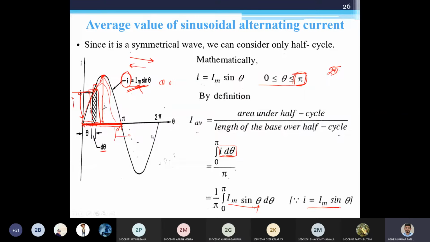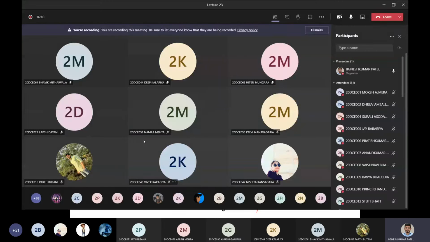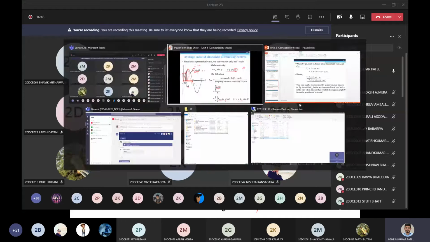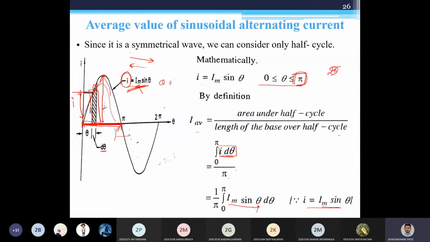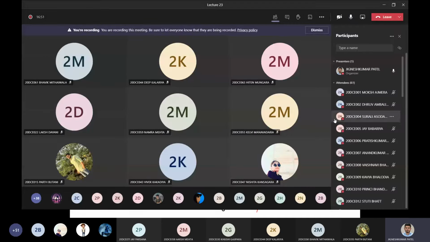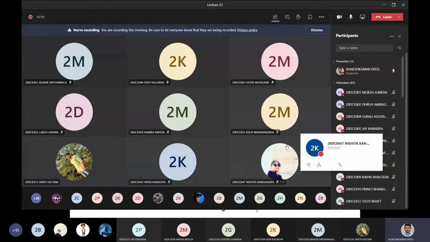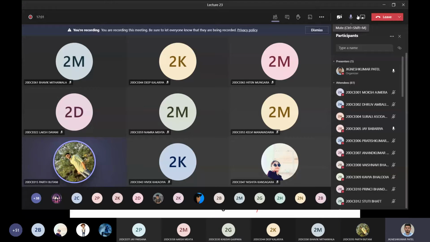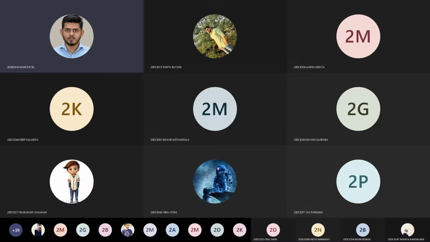Any question? Screen not visible? Sorry. Anyone? Screen not visible, sir. Everyone is not able to see the screen, or just one guy? Roll number 5, Jai. Parth, are you able to see the screen? Yes, sir, it's visible. Okay, let me stop it one more time and share it again.